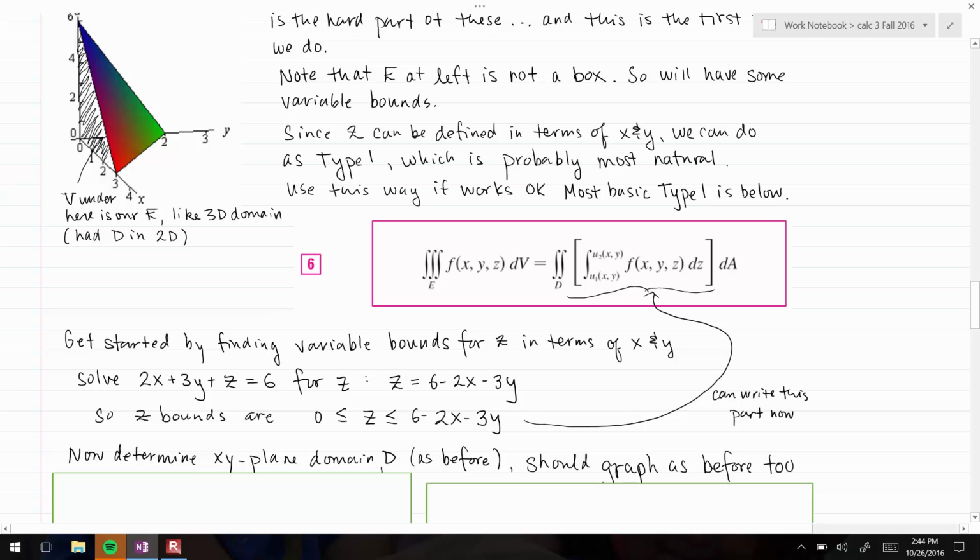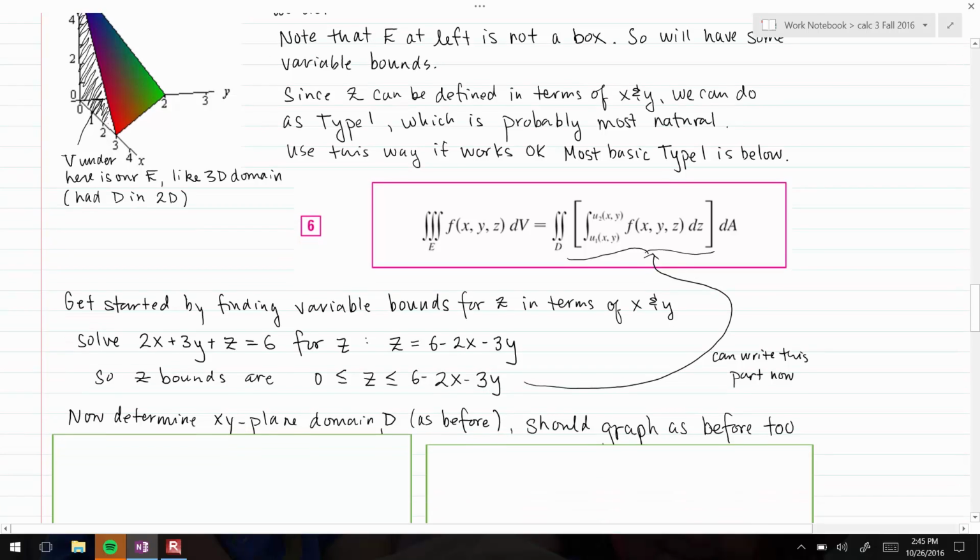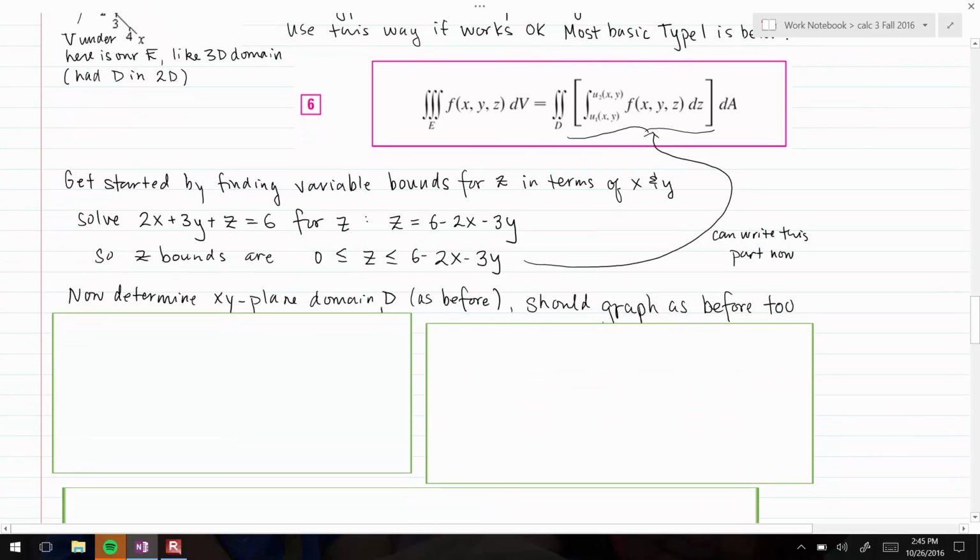Now we got to characterize D. Now because we took care of the z stuff, our domain D is in the xy plane. And so that's going to be what shape, again, hint, hint? A triangle. And so just like you would do with the double integral, we're just starting the double integral work now.